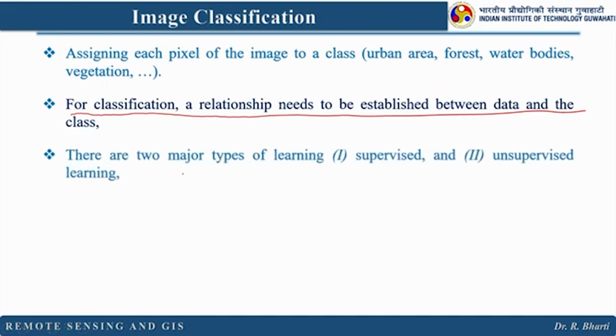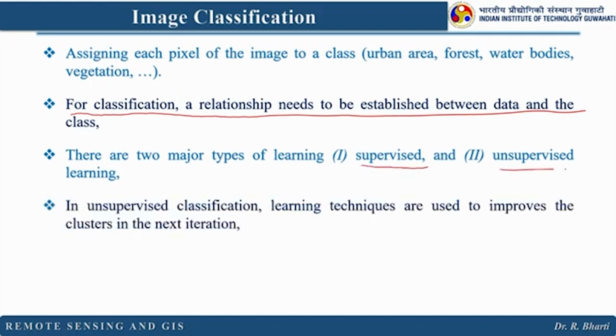And there are two major types of learning. First one is supervised and second one is unsupervised. I hope you remember my previous lecture where we discussed the supervised and unsupervised classification techniques, and I gave you some examples. In case of supervised classification, I am teaching you how to solve a numerical, and then slowly you will learn that and become a master in that.